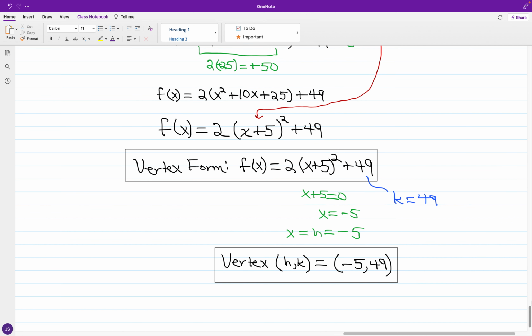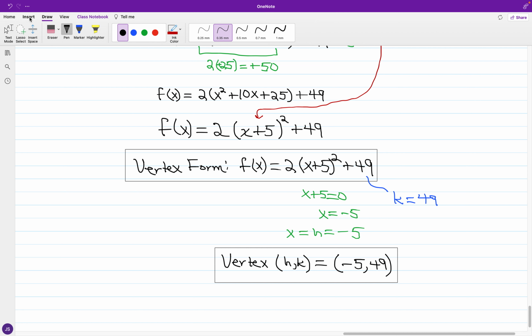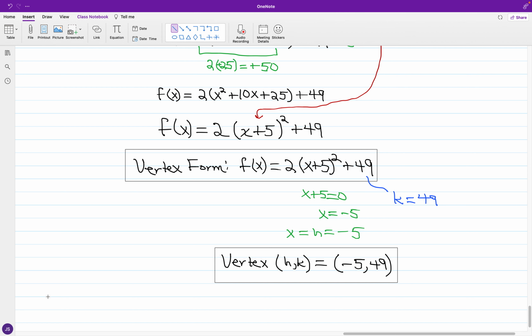Now there is another part that's going to lead into what is referred to as the end behavior of the graph of a function.